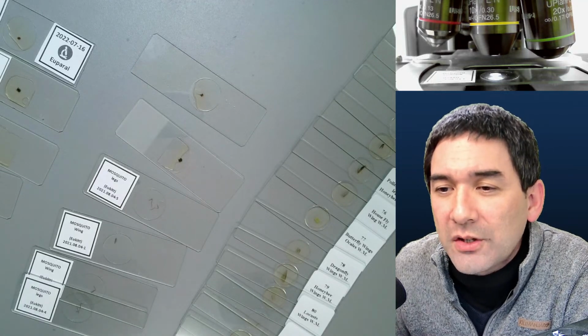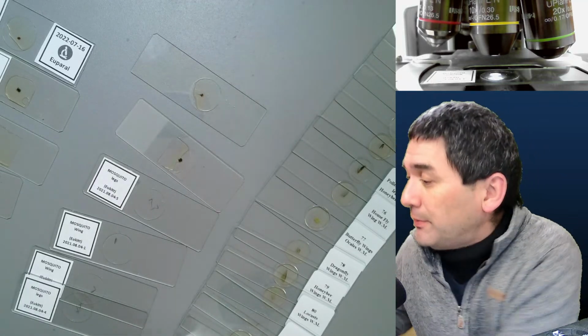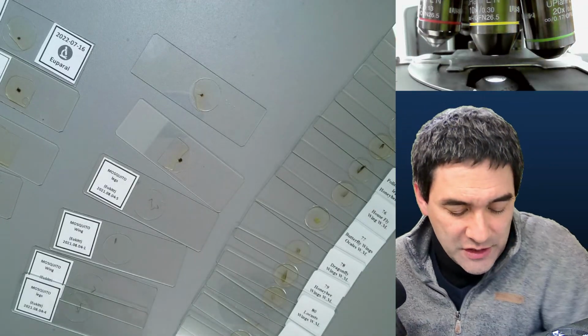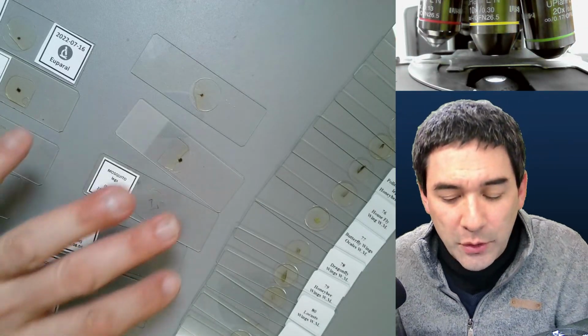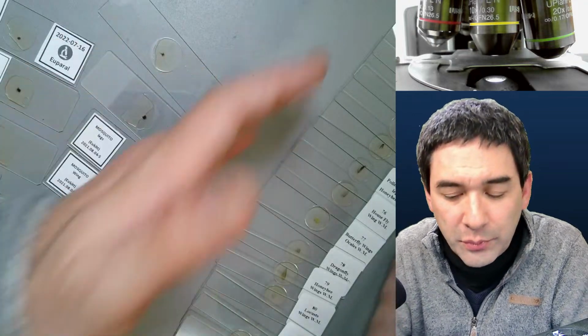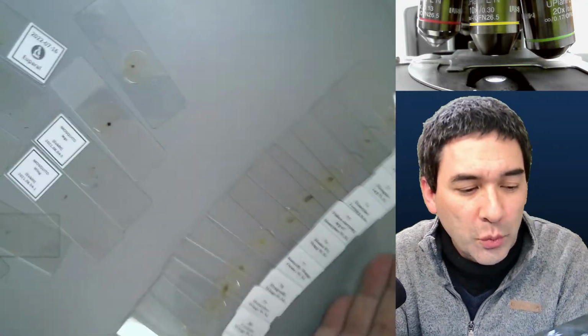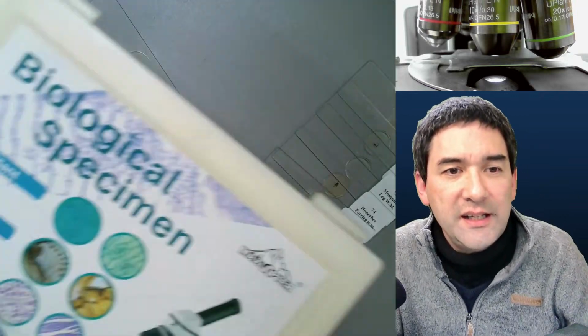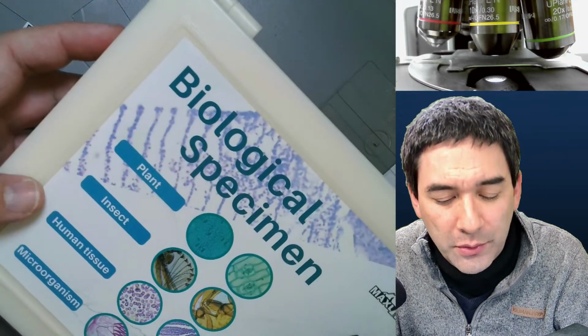Okay, so what I'm going to do now, because I spent a little bit more time already here than I wanted to spend: these were my own slides, but now I'm going to move over to the commercial ones. I just want to show you the box here. This is the box which I bought.